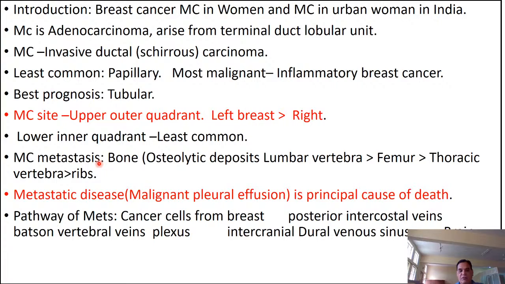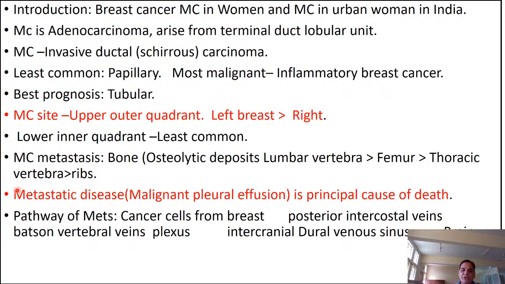Metastasis. Most common metastasis is bone. Where are they deposited? Lumbar vertebra, femur and thoracic. That is why back pain or severe bone pain may be the presentation of a CA breast. So old ladies, our mothers, grandmothers complaining of a severe backache, always give a thought to carcinoma of the breast, where the secondaries have come to the lumbar vertebra first.